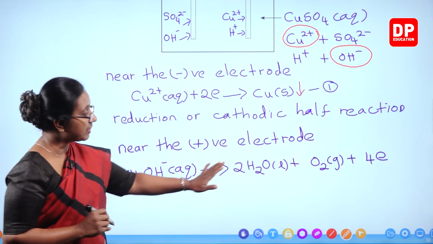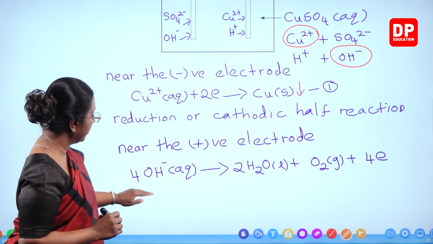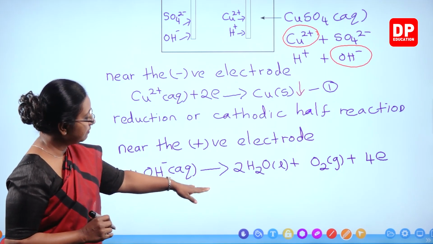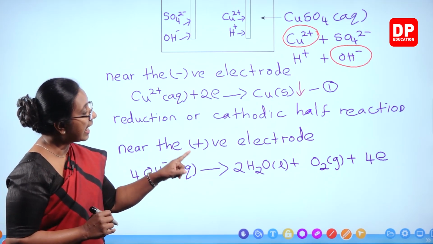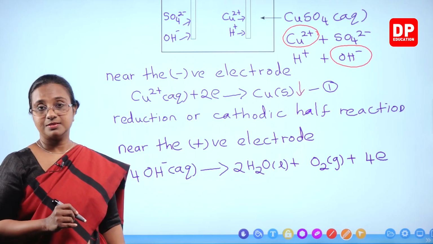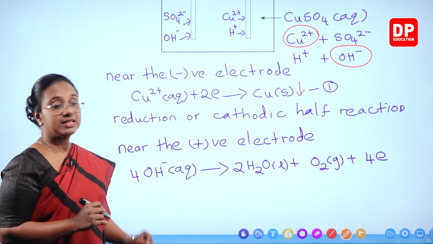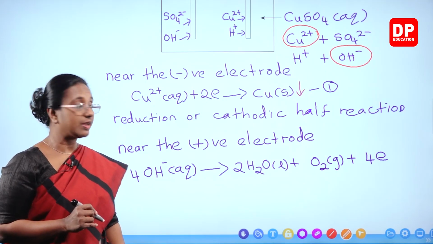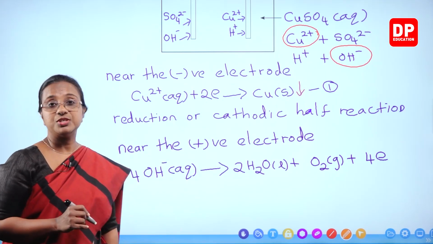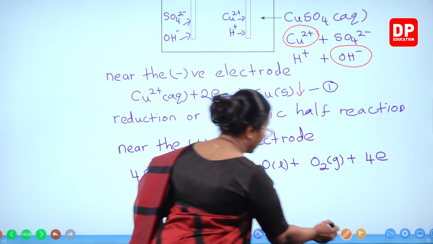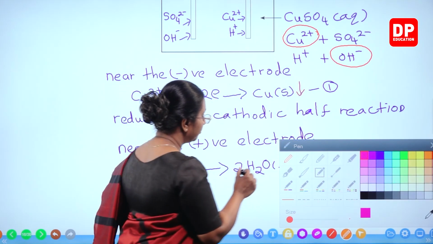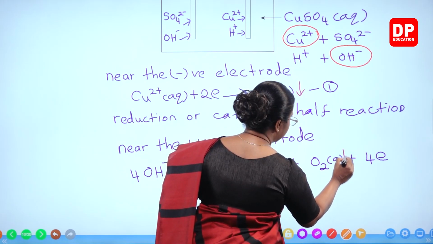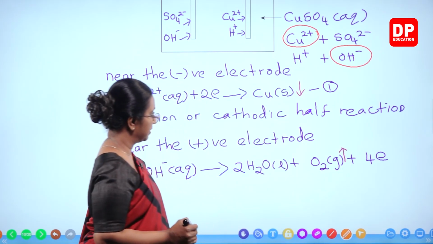So you have to remember this equation. 4 OH minus aqueous gives rise to 2 H2O liquid plus O2 gas and 4 electrons. So oxygen gas, that is the liberation of gas bubbles near the positive electrode. You have to remember that. Here it is oxygen gas bubbles.